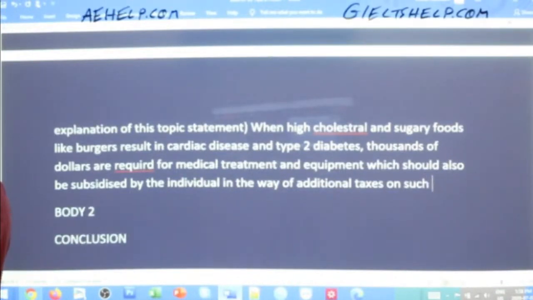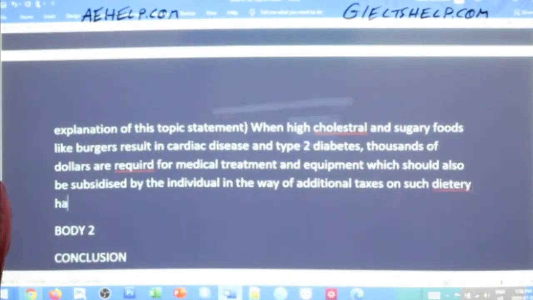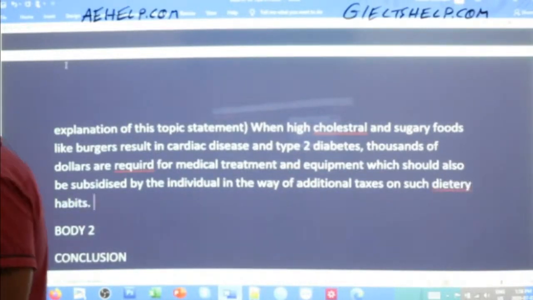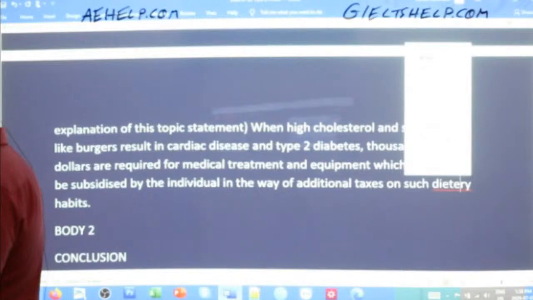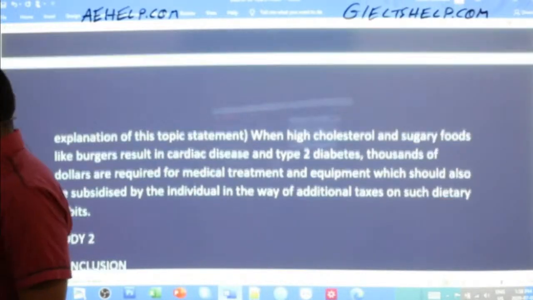Or let's paraphrase, dietary habits. Okay. All right. So, yeah. There we go.